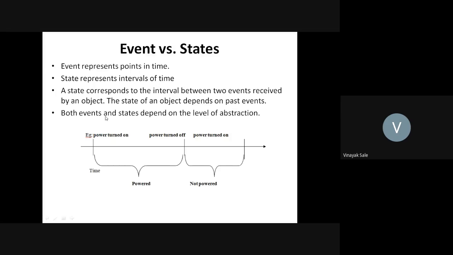So both events and states depend on the level of abstraction. The time interval between two events, the first event and the second event, is known as the state of that object.